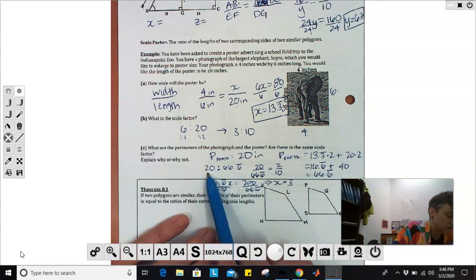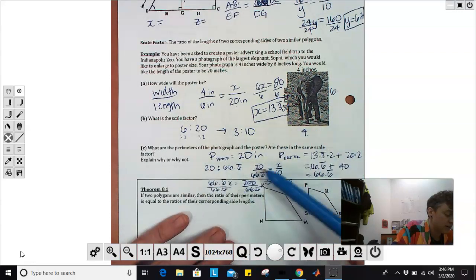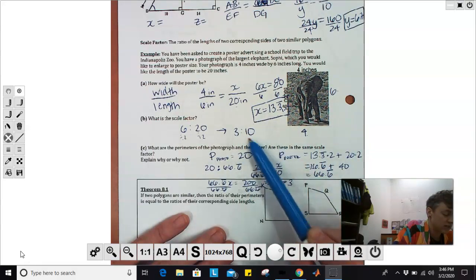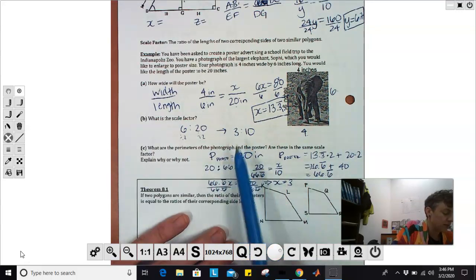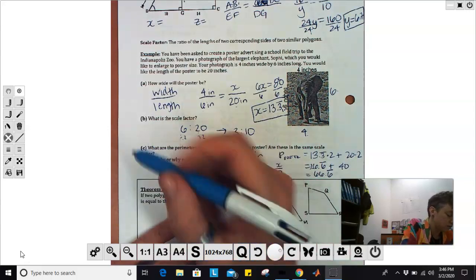What I did was made up a ratio here and set it equal to something over 10, because I knew this one was over 10. And I figured out if the ratios were equal to each other, and that when we solved we got 3, they would be the exact same scale factor.